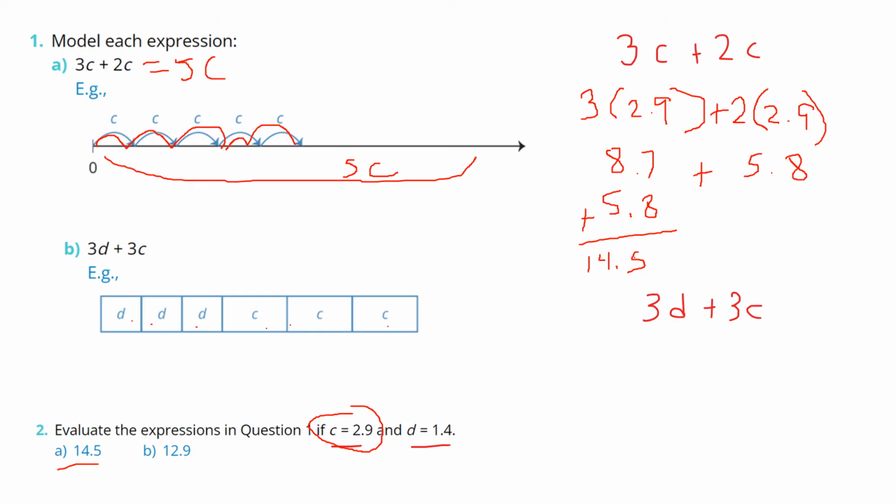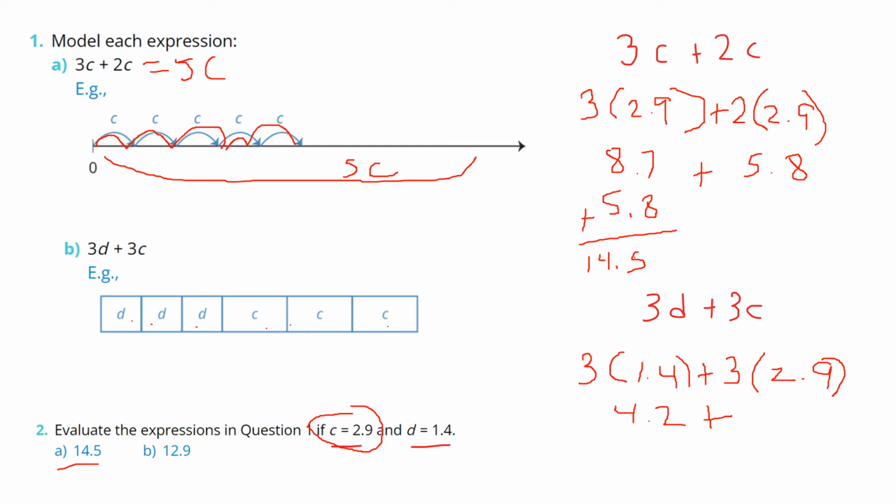Now for the second one, 3d plus 3c, again, if we're given the value of the variables, we plug them in. So again, the 3 is beside the variable, so that means multiplication. So we would write 3 times the letter d equals 1 and 4/10 plus 3 times c, and the letter c equals 2 and 9/10. So if we multiply 3 times 1 and 4/10, we get 4 and 2/10.